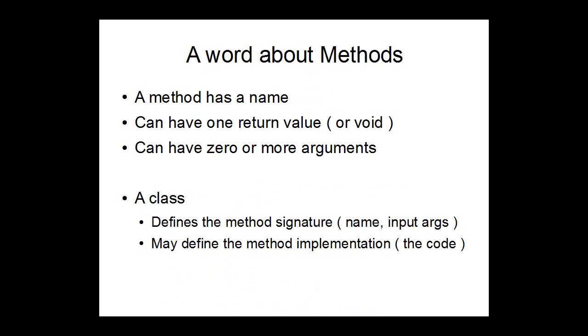A word about methods. Each method you define has a name. It can have one return value coming back from the method as an output. But it doesn't need this. So we call those void methods, methods that do not have any return value. And a method can have 0 or more input arguments going in.